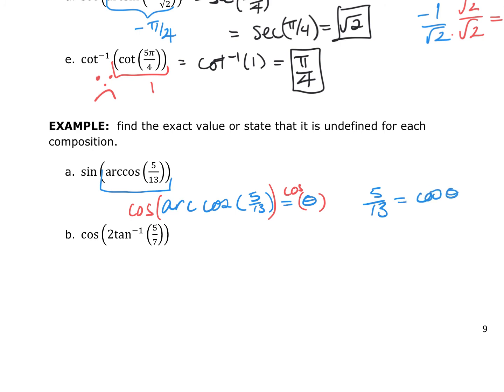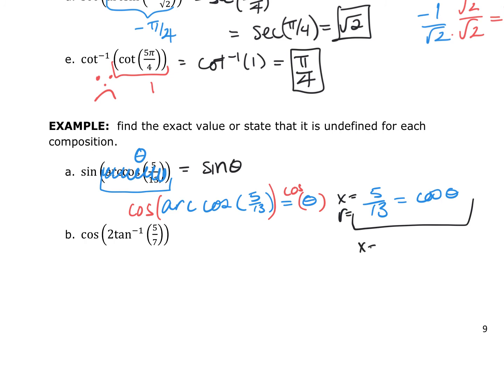So then what I really have here, this whole thing, because it is an angle, is theta. So that means I really am looking for sine of theta. I'm not actually chasing the angle this time. I'm chasing the ratio. Cosine is my x value over my r value.